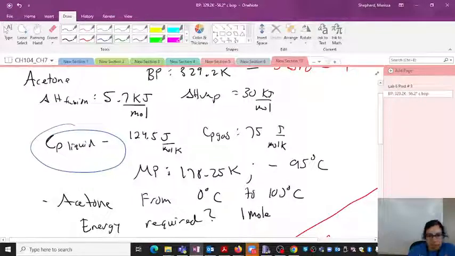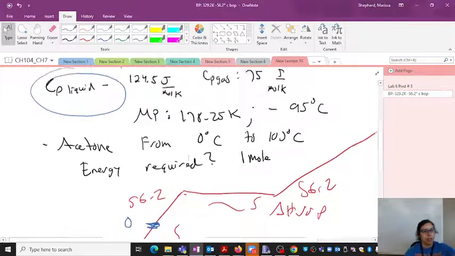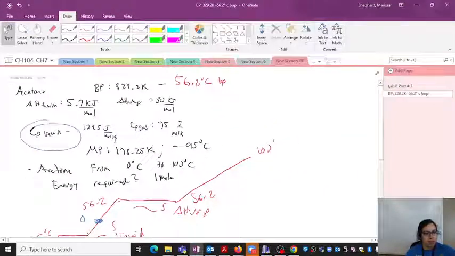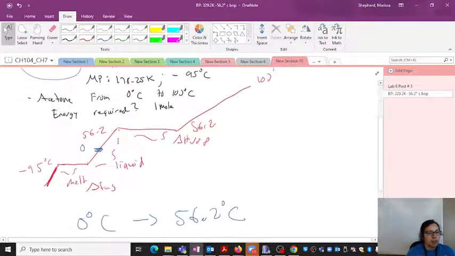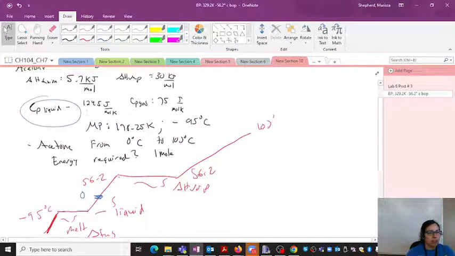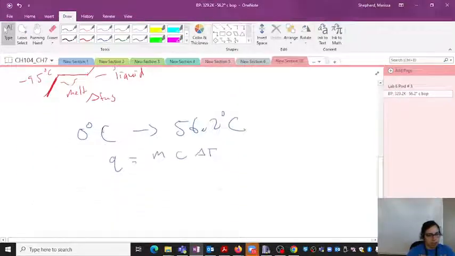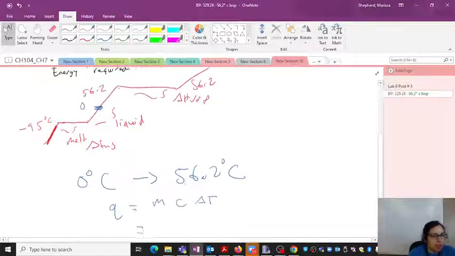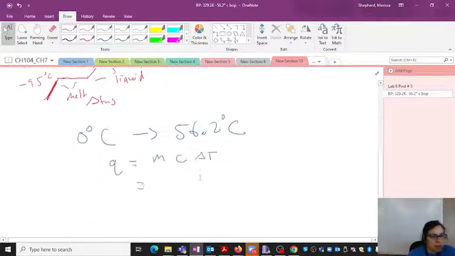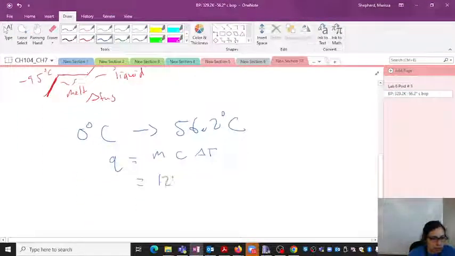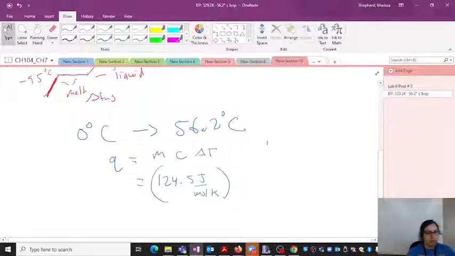And so instead of mass, we can just use moles, because again, use your dimensional analysis to figure it out. And then still per Kelvin. Remember, Kelvin and Celsius go up at the same rate, so that's fine. And so let's use our heat capacity for liquid, and that's 124.5 joules per mole Kelvin.